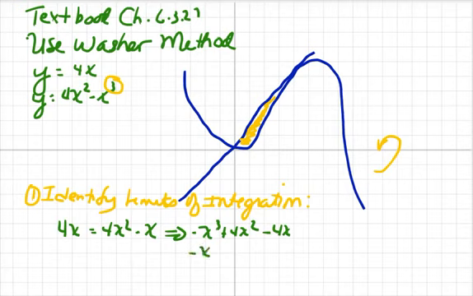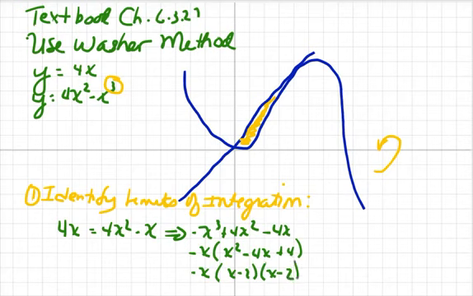So I factored out a negative x, and I'm left with x squared minus 4x plus 4, which will again factor as x minus 2 squared, which provides us with the limits of integration of 0 and 2.